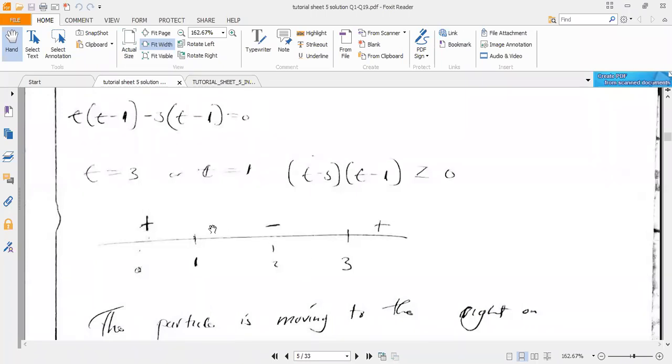But between 1 and 3, it will be decreasing. So the intervals are supposed to run from 0 to 1 and from 3 to 5, considering the initial intervals that we had.